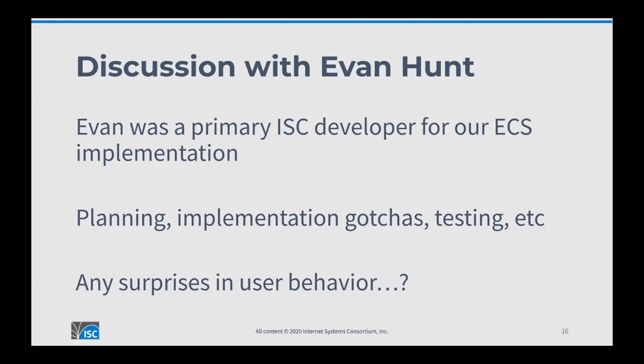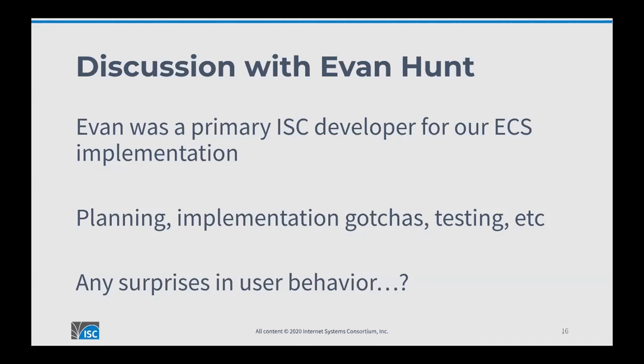Now, Evan, you were also involved in the implementation of GeoIP with BIND. Could you talk about some of the differences in use and behavior between GeoIP and ECS? Yeah, I was. So GeoIP and ECS have a little bit of overlap in the Venn diagrams between them, in that they're both about giving different answers to different people.